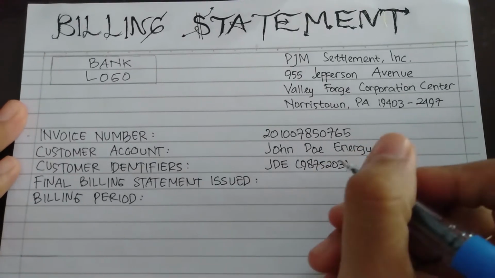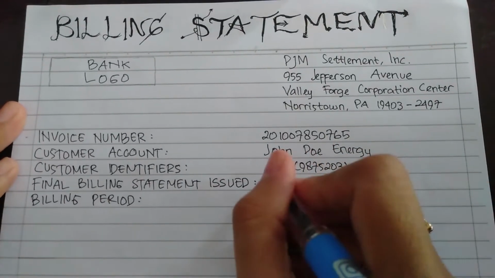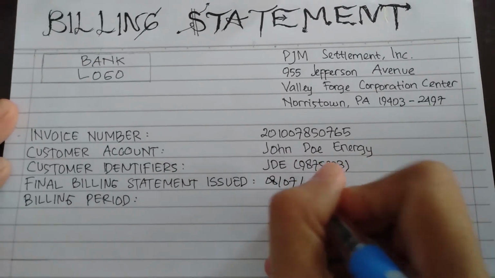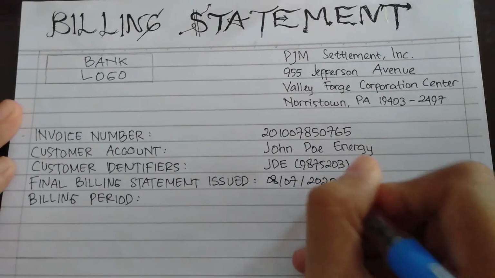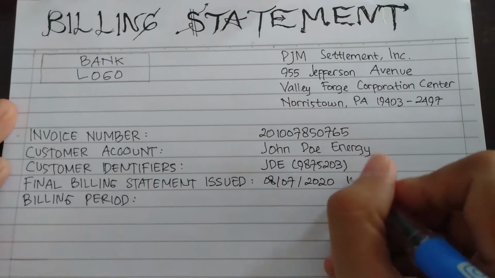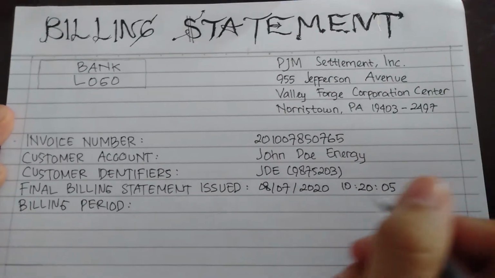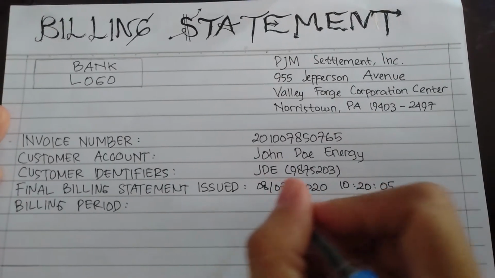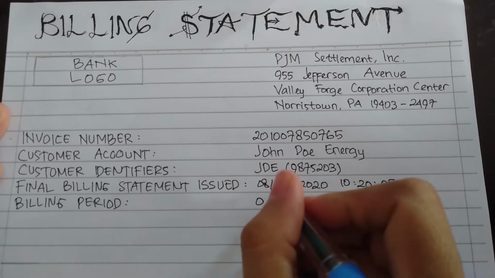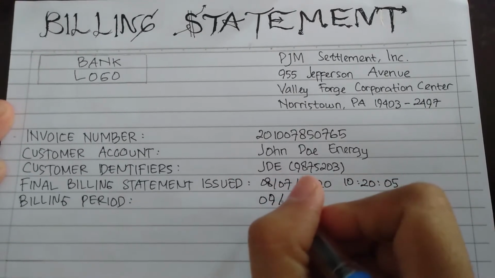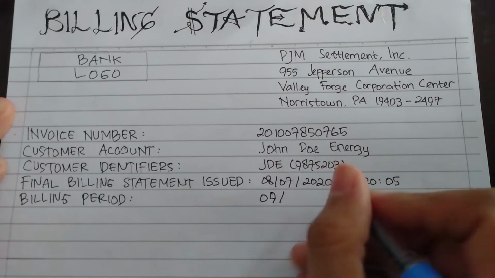You should make sure that you write down the name completely, and it should be the same as the name printed on your card or bank account. The customer identifiers is a certain code owned by the bank.